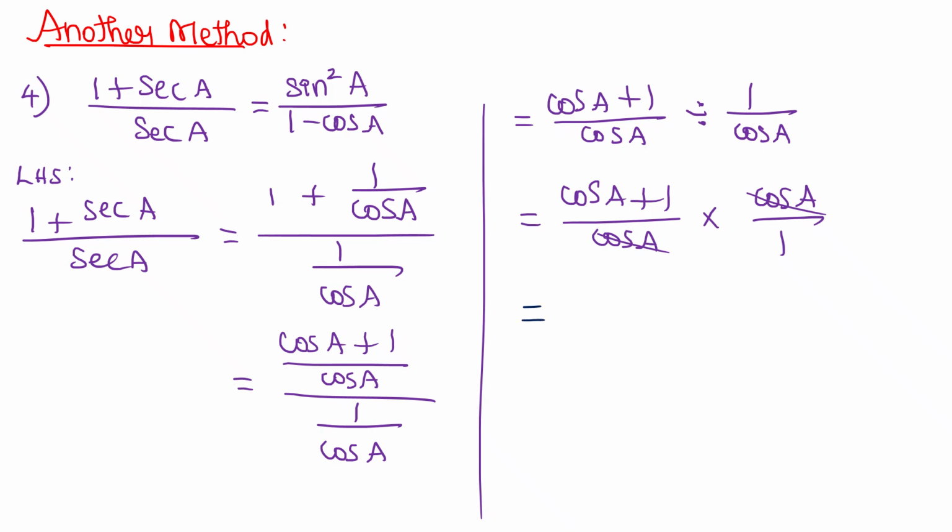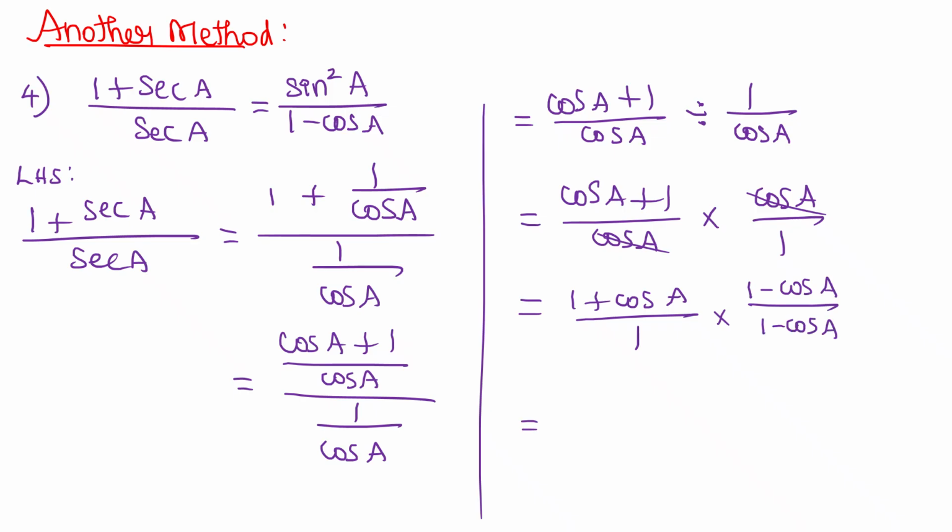So that's why I am going to change this a little, writing it as (1 plus cos A) by 1, just changing the places, that's all. Then you can write the conjugate as (1 minus cos A) by (1 minus cos A).